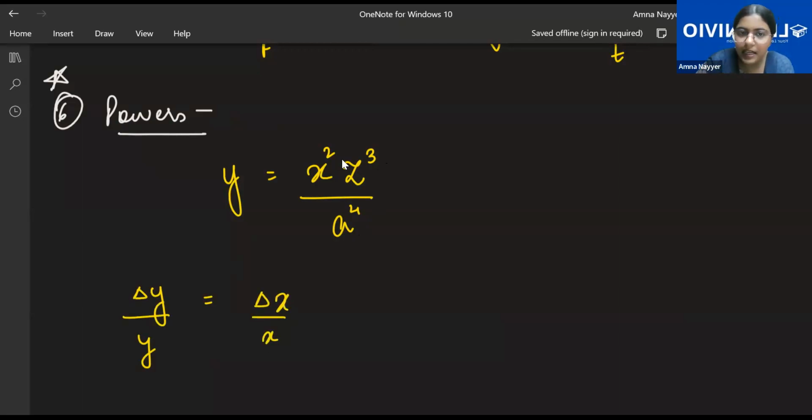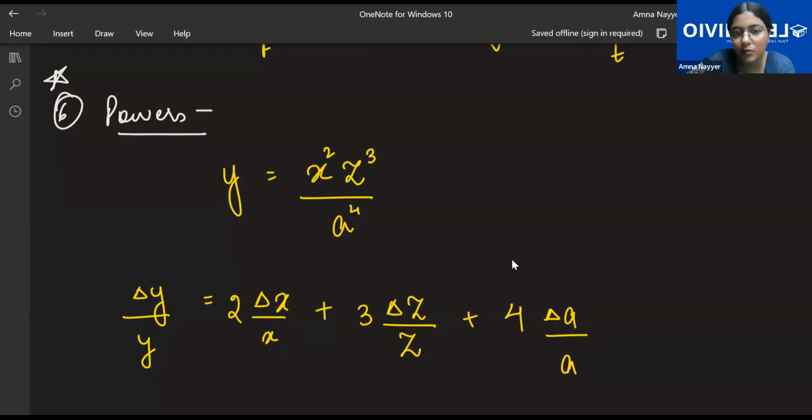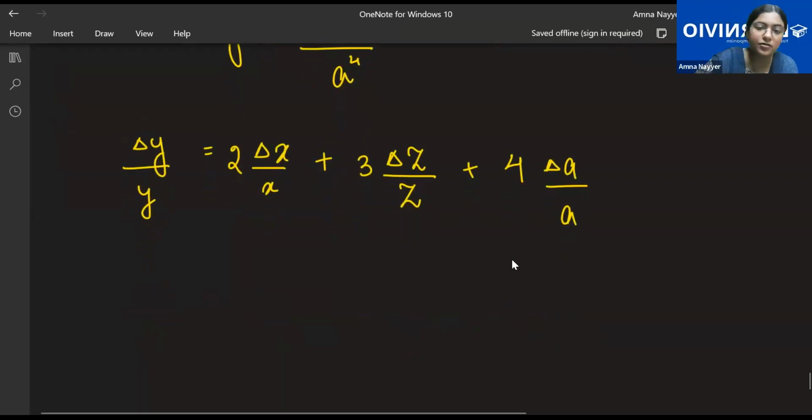That's what we studied. Now the power is 2, so you multiply it with 2, plus z. What did I tell you? Whenever you have z, you take delta z divided by z. Power is 3, you multiply it with 3, plus 4 delta A divided by A. This is most commonly used in the paper, and the questions are often asked from this.